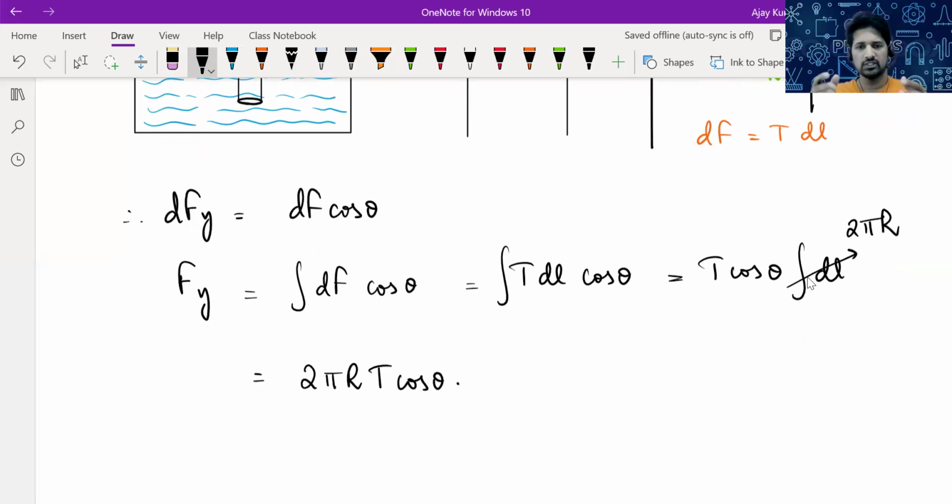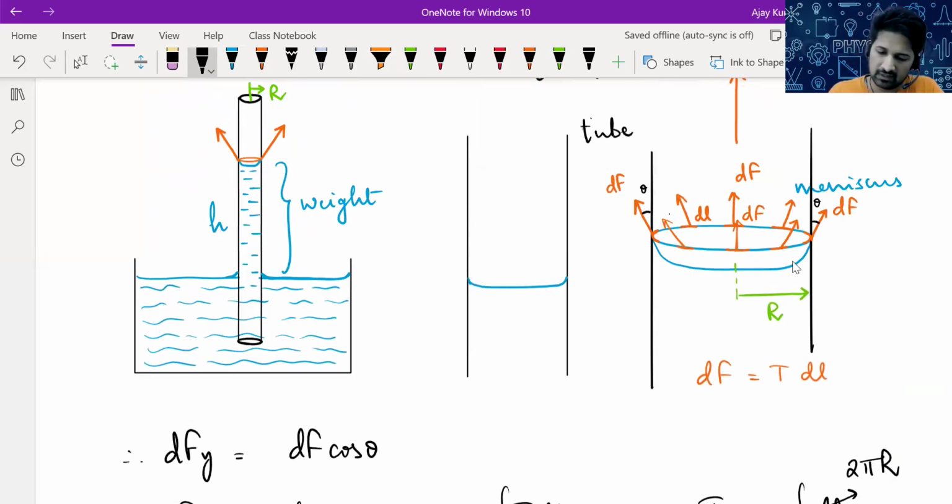Due to this force, the liquid surface will start getting pulled up. The meniscus will start getting pulled up. But as the meniscus gets pulled up, the force due to surface tension will have to balance the weight of the liquid that rises inside that tube compared to outside. How do you write an expression for that weight? Weight is basically density into volume into g. Volume is cross-sectional area pi r square into h, multiplied with g.